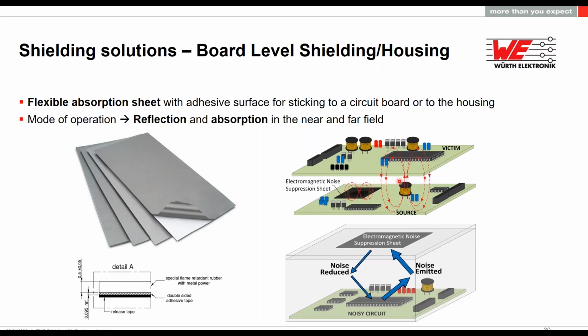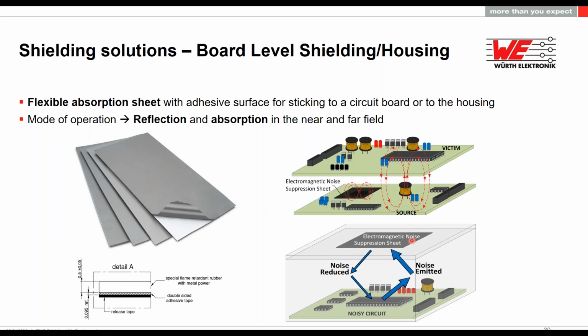Here we have an inductor. Here we can see two kinds of problems that can be solved with these materials. We have an inductor that is radiating noise and is affecting another PCB. Let's think that we have a design with two PCBs. So this inductor has an electromagnetic field that is affecting the other device. When we place these absorber sheets, we are containing this noise in order to prevent it from reaching the other PCB.